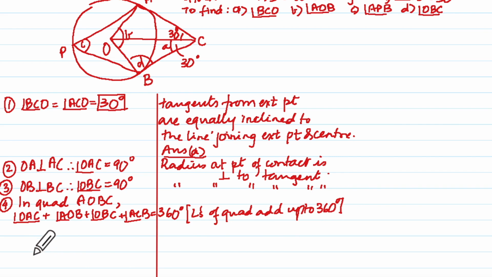Now OAC is 90 degrees, plus AOB, which is what we have to find, plus OBC is again 90 degrees, plus ACB is 30 degrees plus 30 degrees. I'll put this in brackets, equal to 360 degrees.